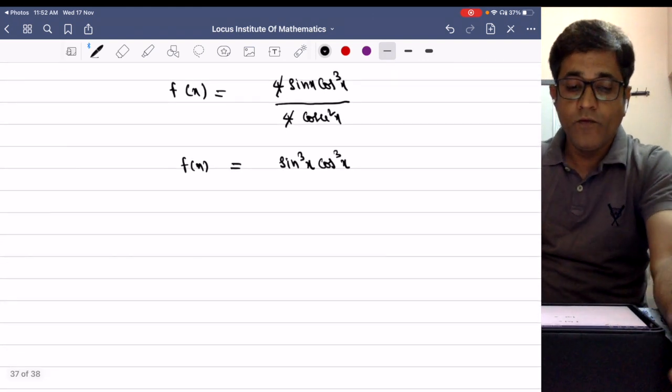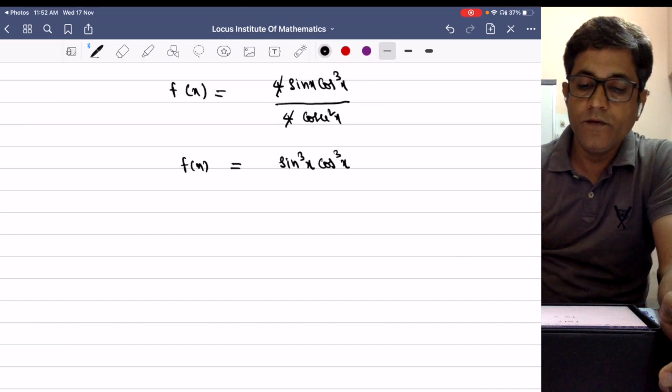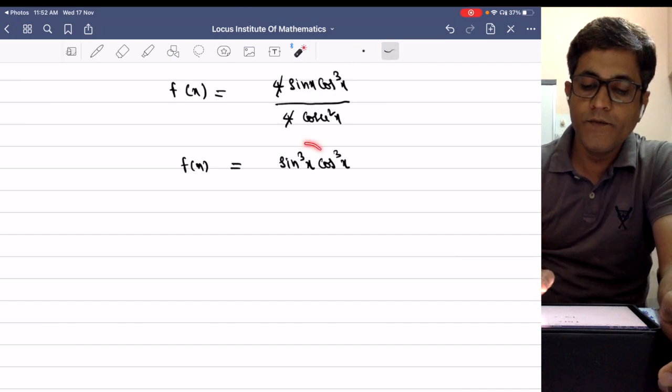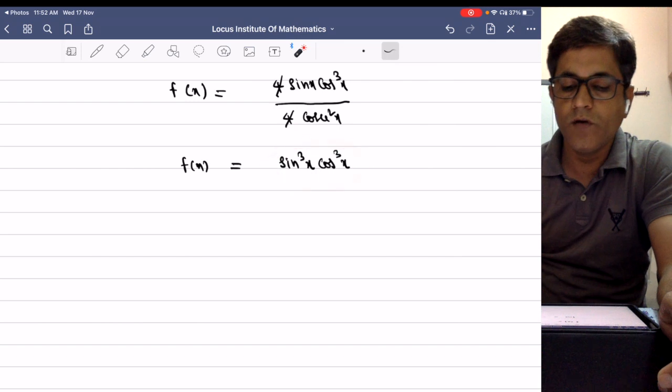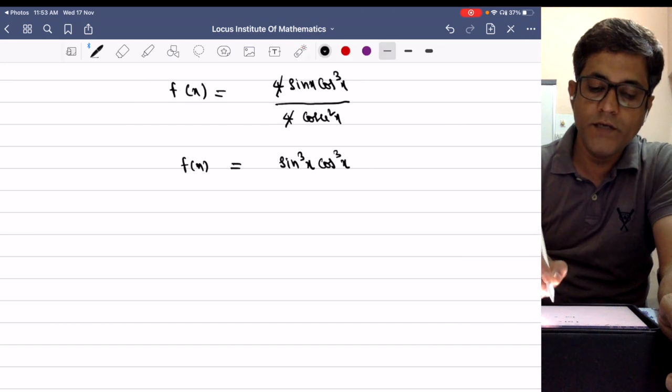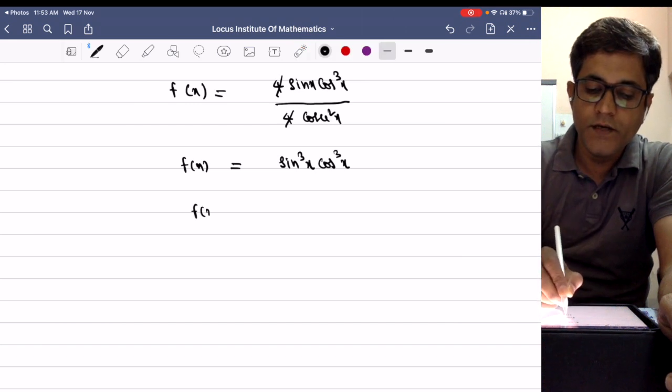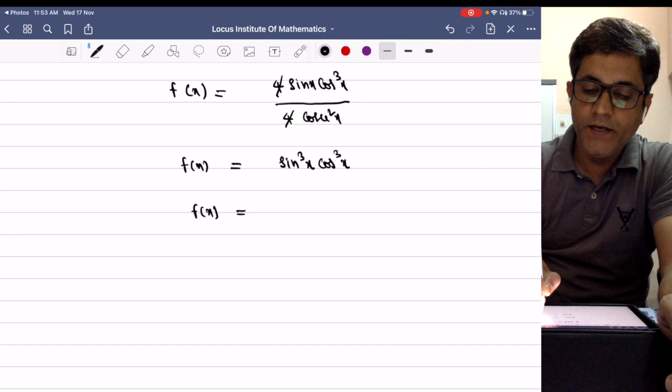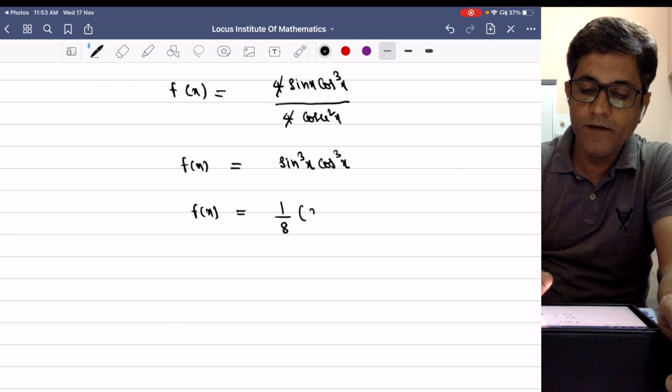Now to find the range of this function, you convert sin cube x into cos cube x into a single trigonometric function. To do that, you multiply and divide by 8. If you divide by 8, you multiply by 8, then you can write this as 2 sin x cos x whole cube.